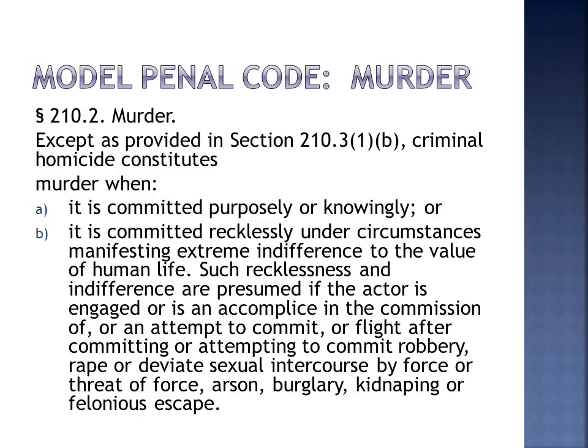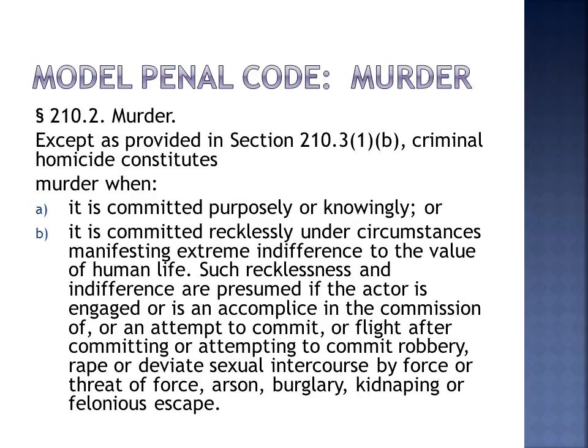Now, you'll see that paragraph is pretty long in Part B. The second part says that we can conclude that you were acting with extreme indifference to human life. You were reckless and you were manifesting extreme indifference to the value of human life if you were engaged in any way in some particular felony, and you can see the ones that are listed here, such things as robbery, rape, deviant sexual intercourse by force or threat of force, arson, burglary, kidnapping, felonious escape.